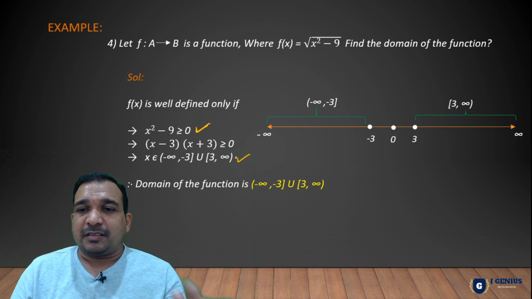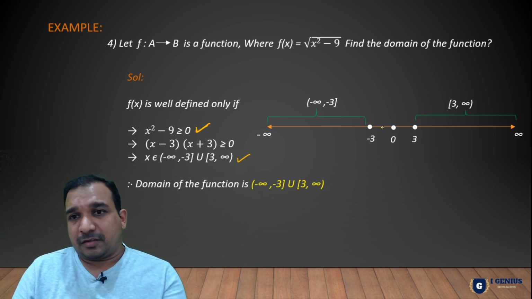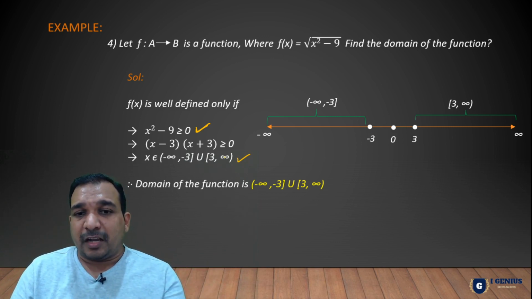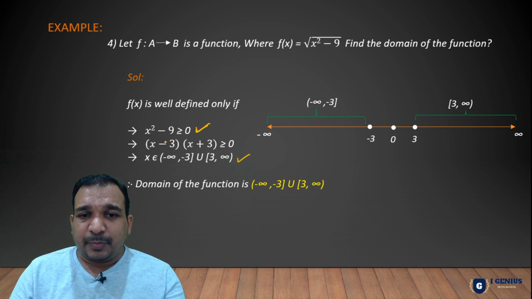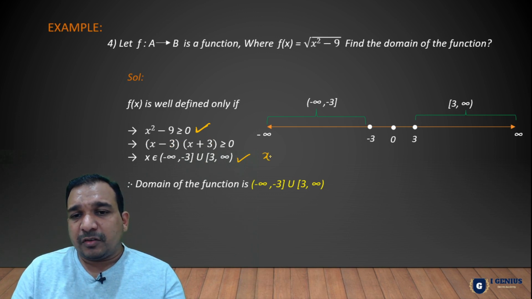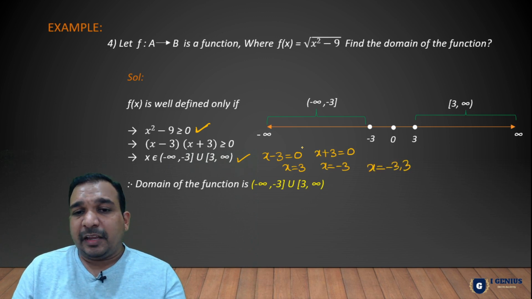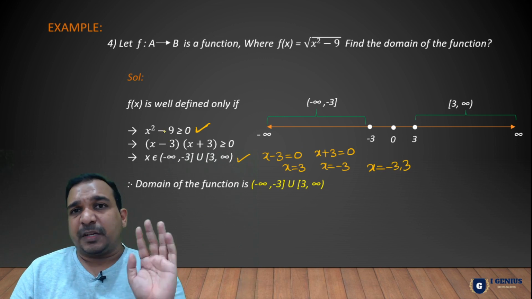Generally, what happens when you write this on a wavy curve, means on a real line, you take the values where it becomes 0, where x minus 3 becomes 0 and where x plus 3 becomes 0. x minus 3 becomes 0 at x equal to 3, and x plus 3 becomes 0 at x equal to minus 3. So at x equal to minus 3 and plus 3, this x square minus 9 becomes 0.